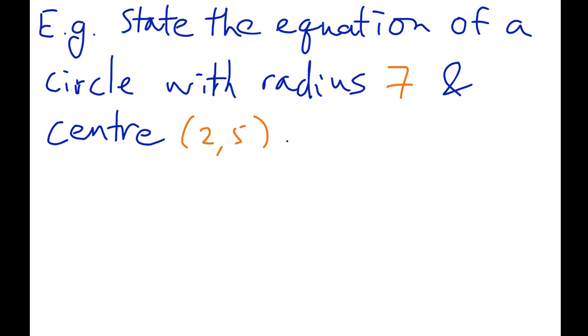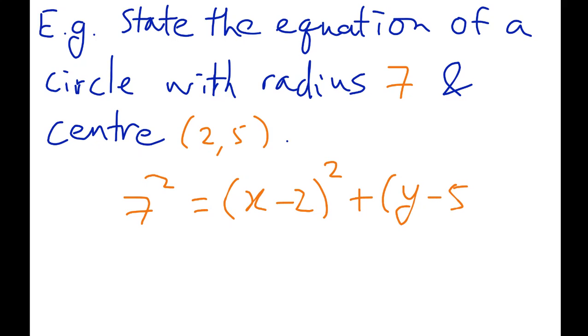So, nice and easy: state the equation of a circle with radius 7 and center (2, 5). Put it into the equation. We have 7 squared equals x minus 2 squared plus y minus 5 squared. Now, you can expand the brackets if you like, but I would suggest not to because it's a bit time consuming and it's not really worth it.